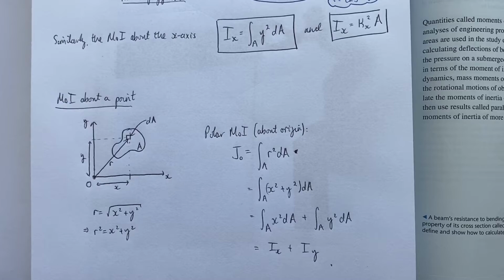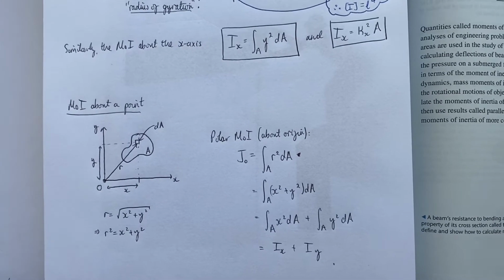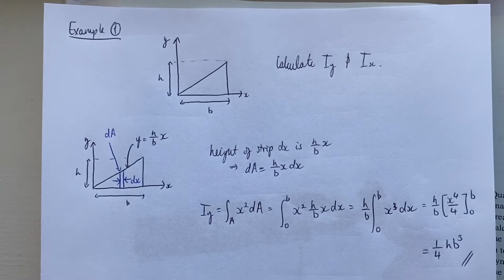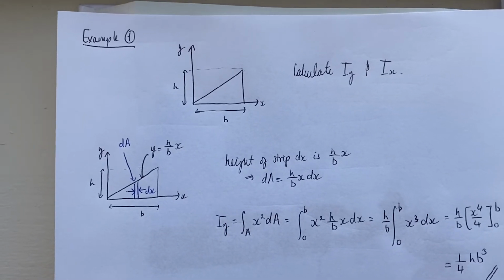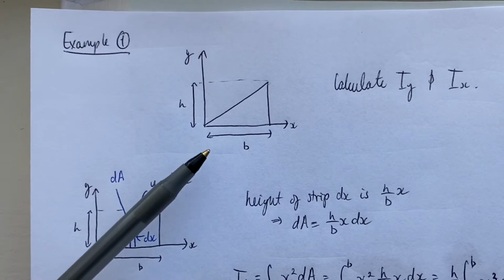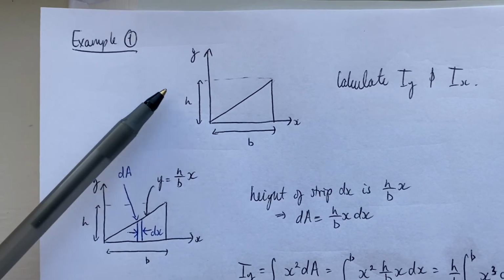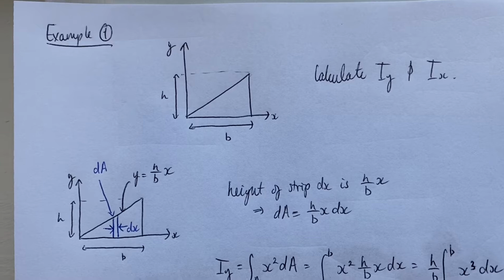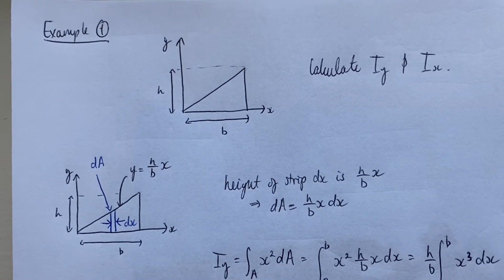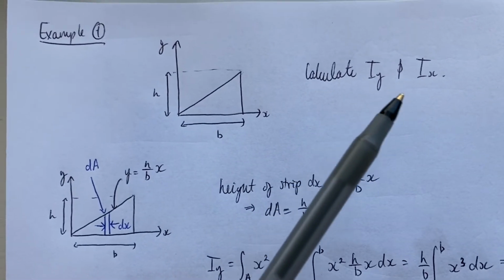So now let's go ahead and have a look at a couple of examples. So for the first example then, let's have a look at this generic triangle of base b and height h, and calculate the moments of inertia about the y and x axes.